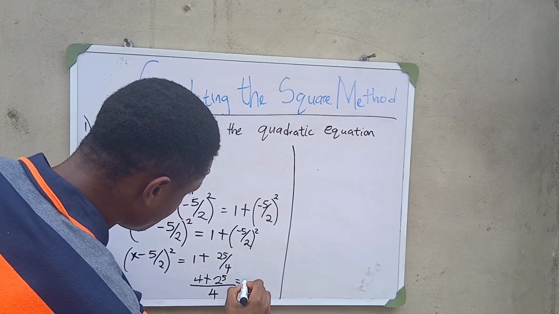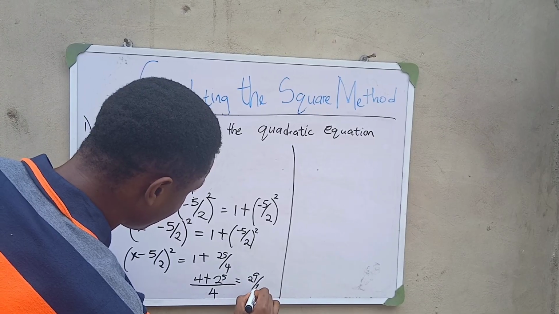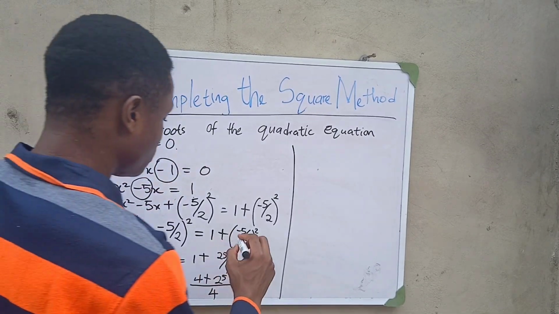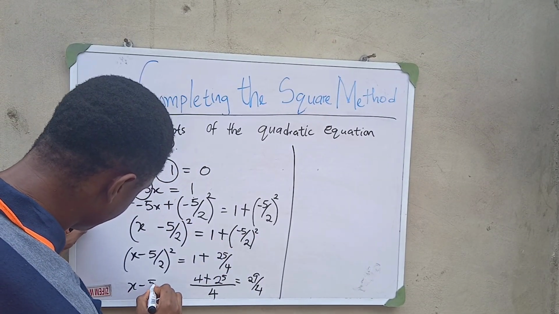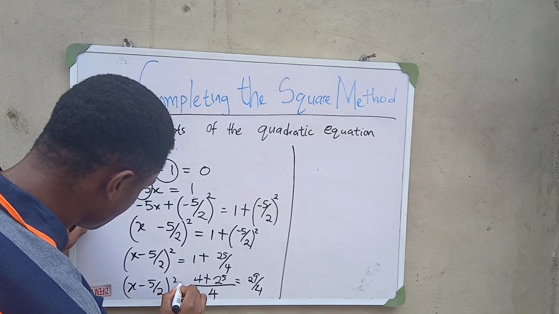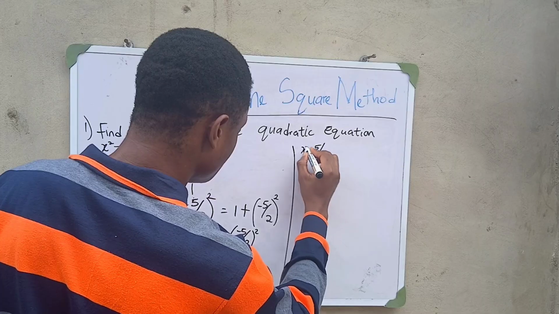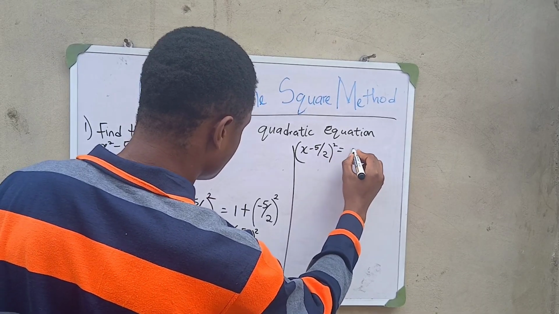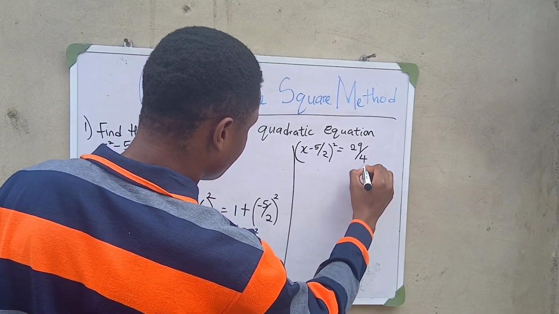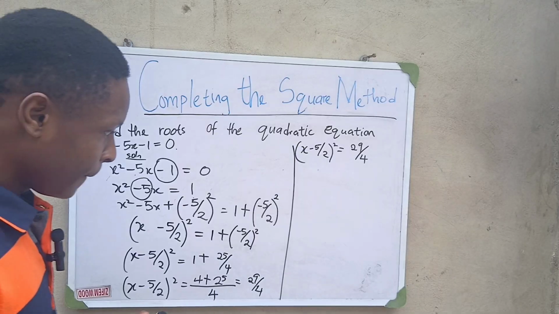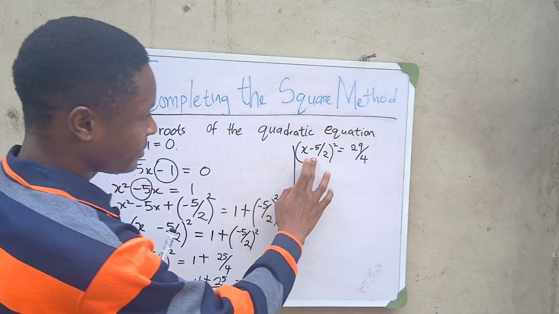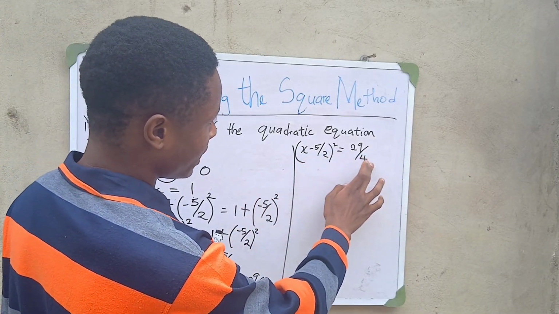So this is going to be 29 over 4. So x minus 5 over 2 all squared is equal to 29 over 4.